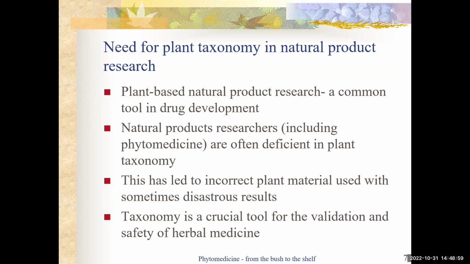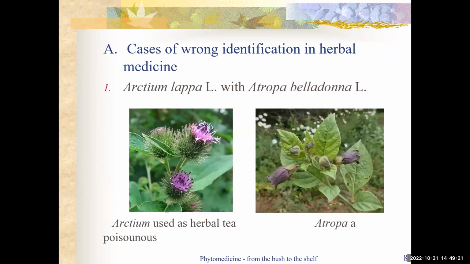So if we give incorrect plant material a wrong name, then we are going to have wrong or disastrous results. And I'm going to give you some examples of disastrous misidentification of plants or wrong use of the plant names. So these are some cases where we have had wrong identification, sometimes intentional or by accident.